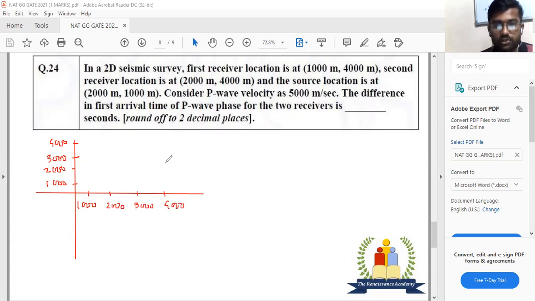So first receiver location is at 1000 meter. So value of x is 1000 meter and y is 4000 meter.